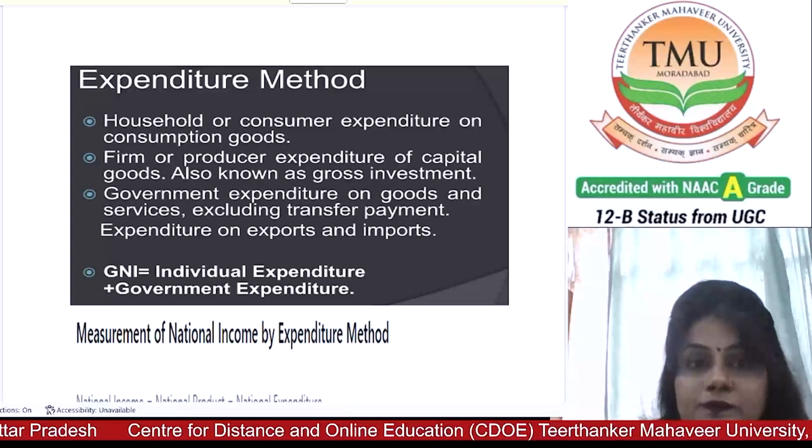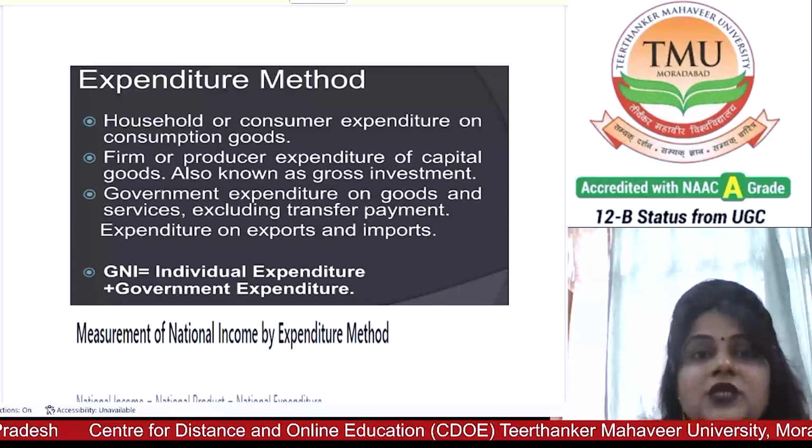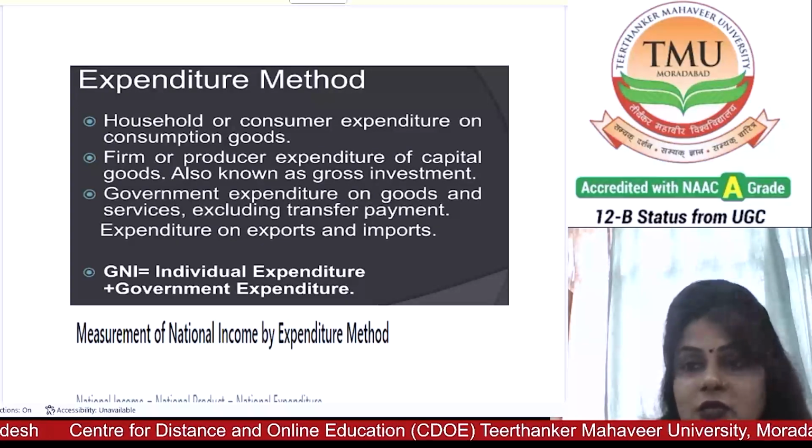So GNI, gross national income, is individual expenditure plus government expenditure.